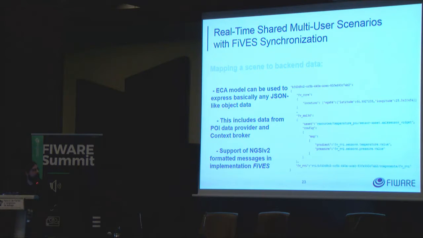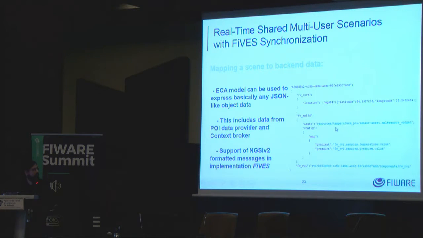Here's an example of how a POI could look in the synchronization representation. This would be an entity identified by some universal identifier, and then we have different components which describe the capabilities and the role in the world. In this case, it carries a component to describe its location in latitude and longitude, so this one would be suitable for geovisualization.